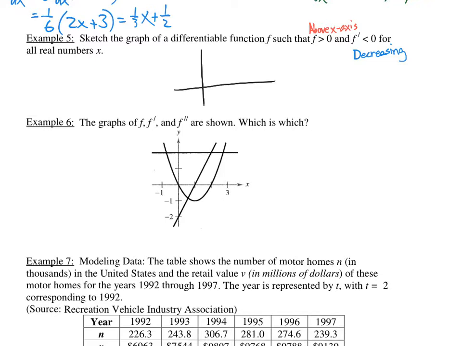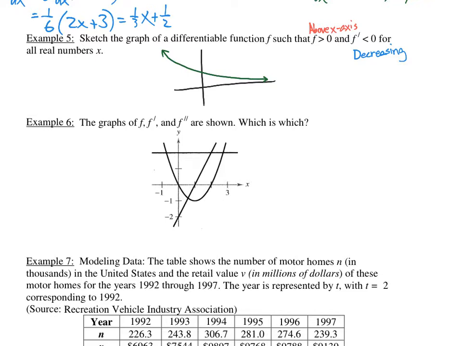Horizontal asymptote. Yeah, we've got a horizontal asymptote. So watch this. We're going to have something that looks like this. Okay? It's decreasing the whole time, but it never actually hits the x-axis or goes under the x-axis. Okay? So that's the kind of reasoning that you might need to do as you're working through that.